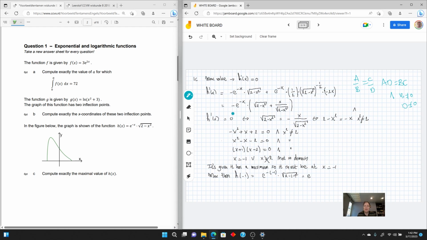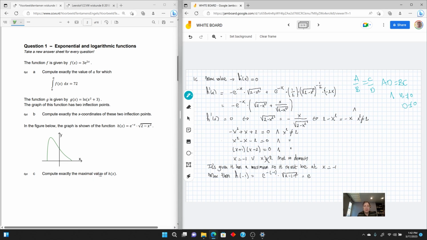If you need to show it, you just have to show that to the left and to the right of it, the derivative is changing sign, which is actually not too difficult in this case. And that is actually pretty easy to tell from this that for x a little bit smaller than -1, h prime of x will have a different sign from a little bit to the right of x equal to -1.